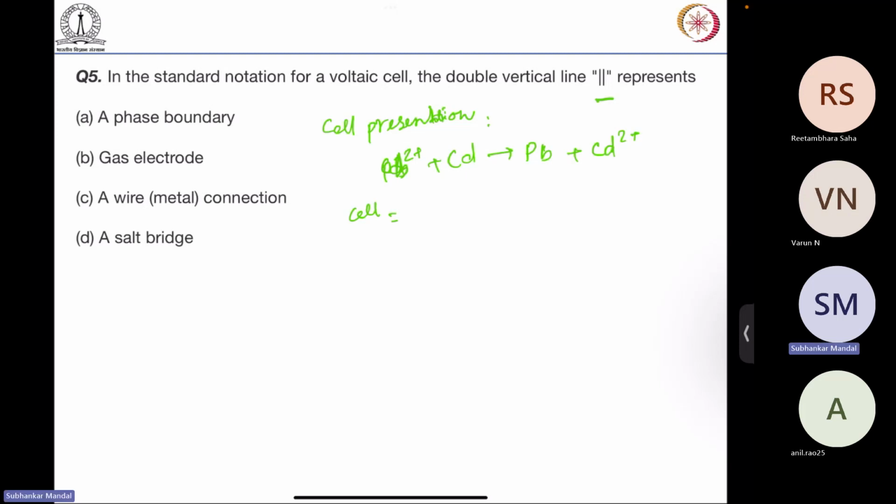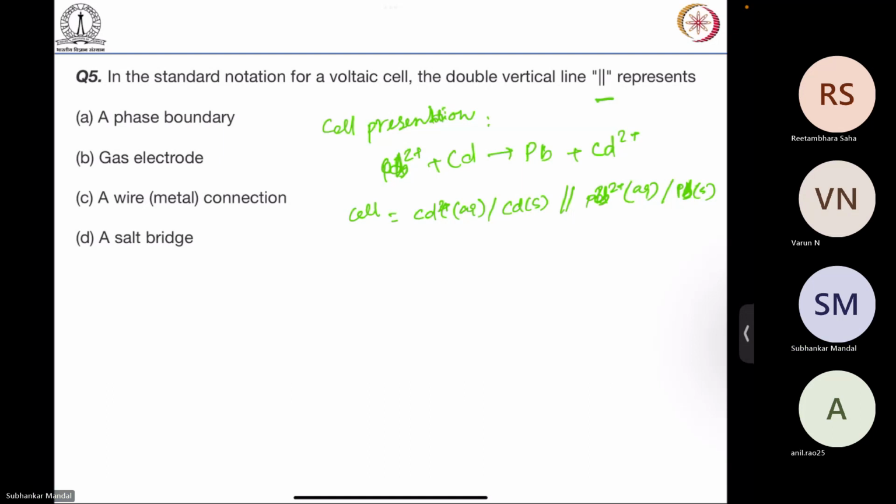What is happening in oxidation? Cadmium 2 plus, that is aqueous, cadmium, that is solid. We can write like this, and then on the right side it will be reduction. What is reduction? Palladium 2 plus, that is aqueous, palladium.